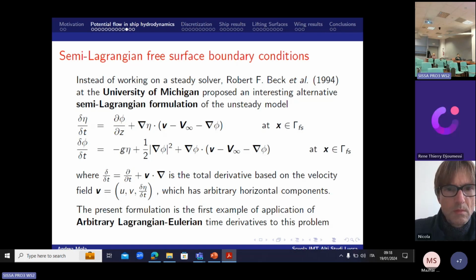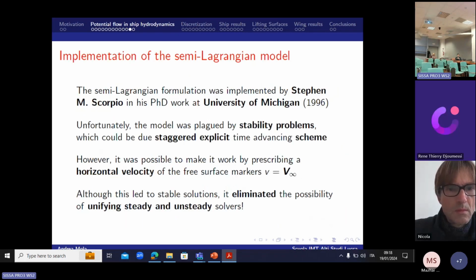So this was basically a manipulation of the two previous equations to obtain a different time derivative. And in a PhD thesis of one of his students, this was not completely working, because the model was plagued by stability problems. In fact, the only way in which it could properly work was to impose that the marker's velocity was v infinity, so that the markers would still drift away from the hull.